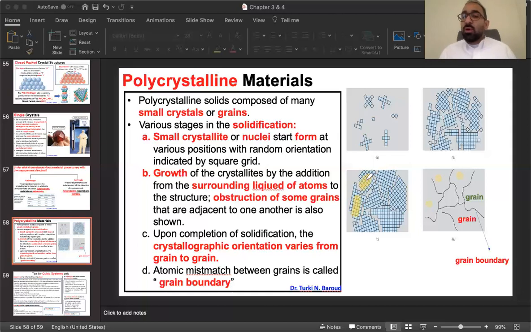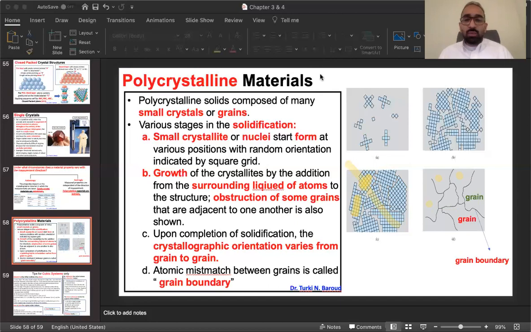That means we cannot say that this is the 100 of the polycrystalline material, because at the end it will be the average of the grains. I hope it's clear by now.